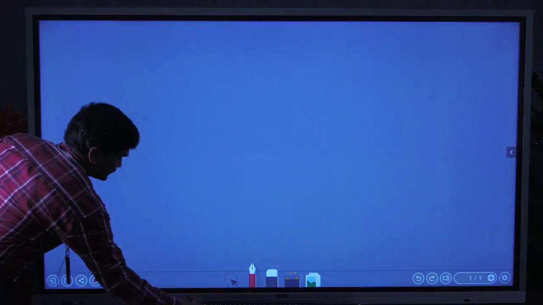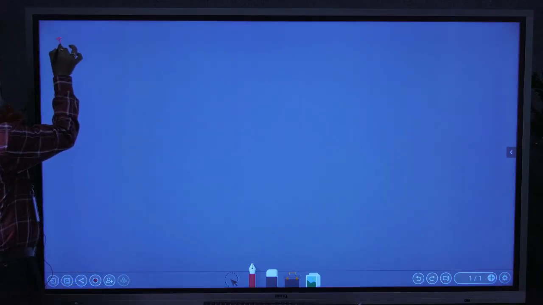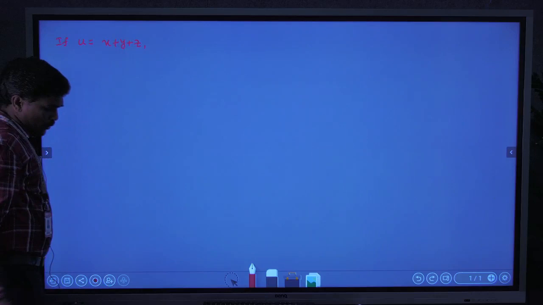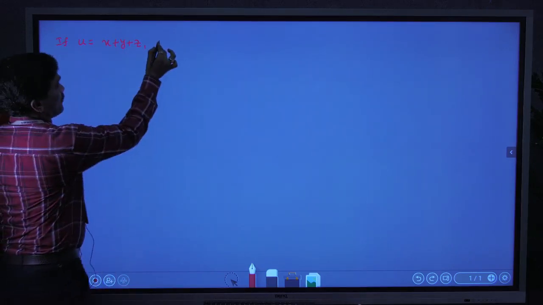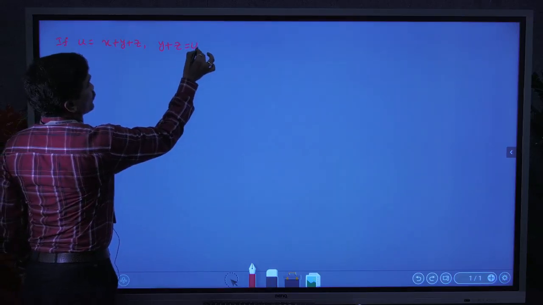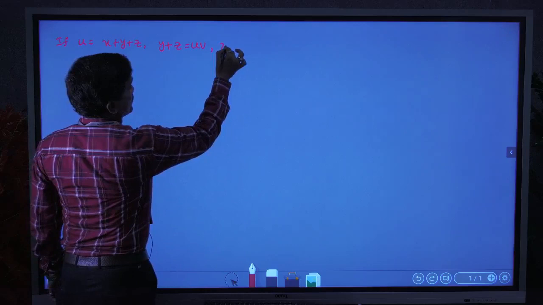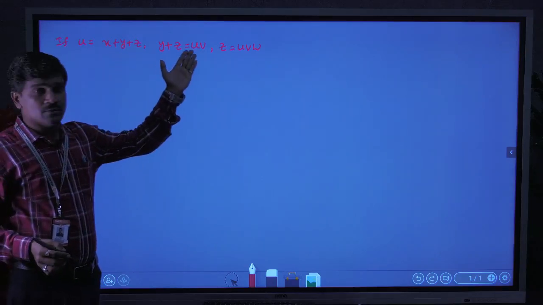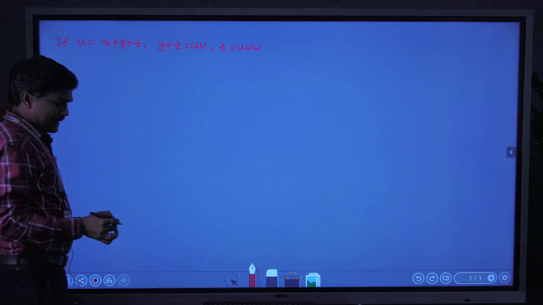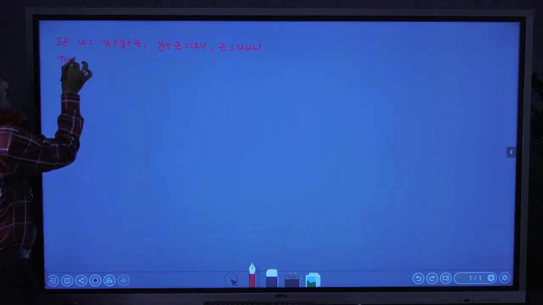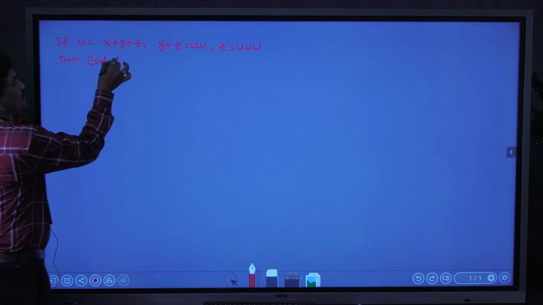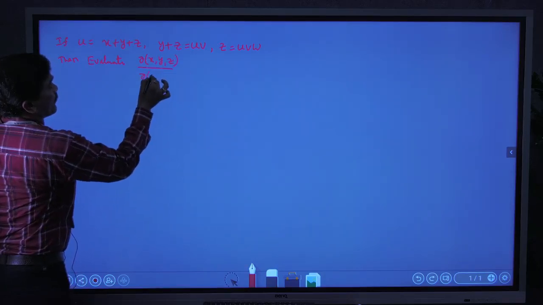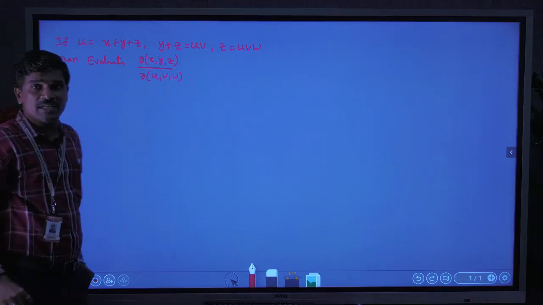If u is equal to x plus y plus z, y plus z is equal to uv, and z is equal to uvw, then evaluate ∂(x,y,z)/∂(u,v,w), right?